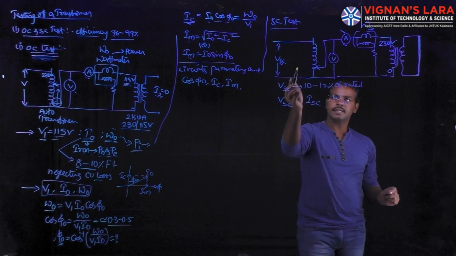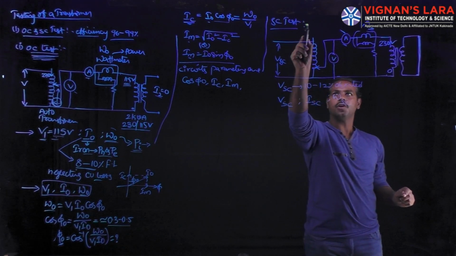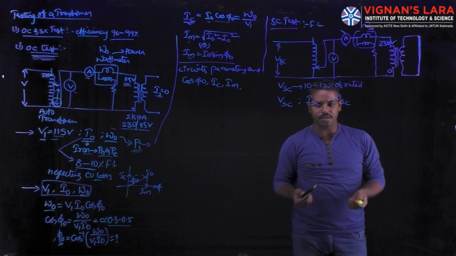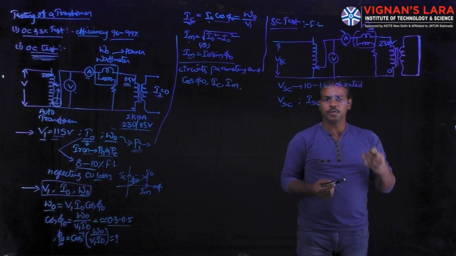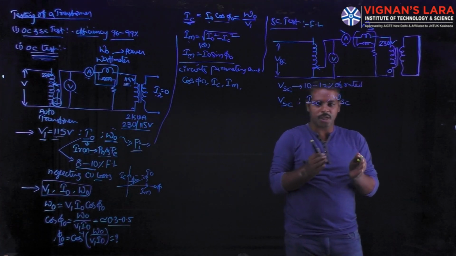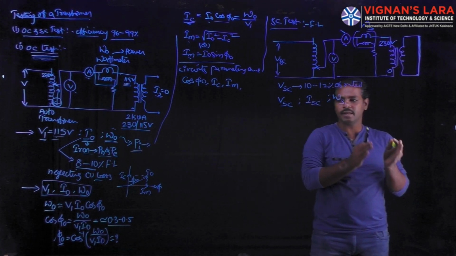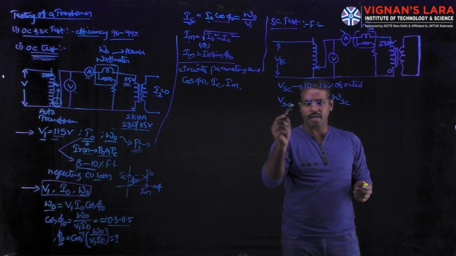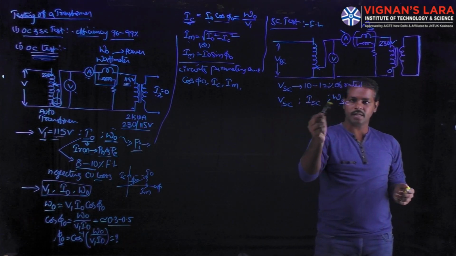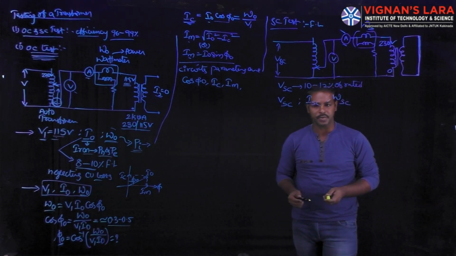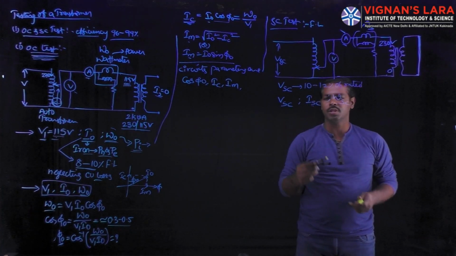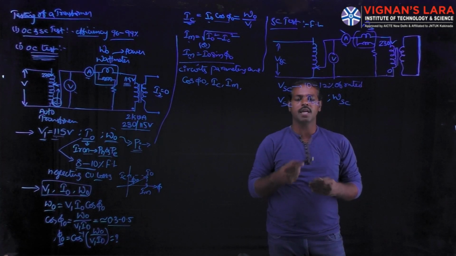This test is always conducted under full load condition, meaning the transformer operates at full load when we get the three parameters: short circuit voltage, short circuit current and short circuit power. Based on these three values, we calculate some more parameters.